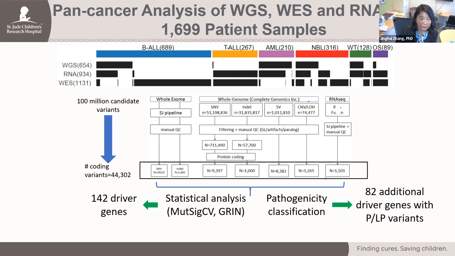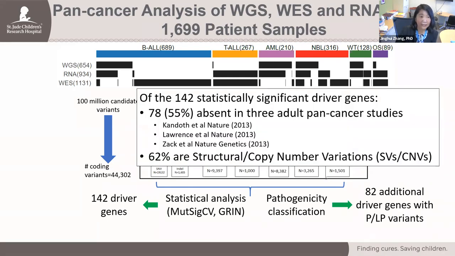So what we learned from this data set is that the majority, 55%, of the driver genes are absent in the 3 pan-cancer studies of adult cancer. And this really has a profound impact on how we should consider pediatric cancer treatment, in that pediatric cancer patients cannot be treated merely as small-sized adults.